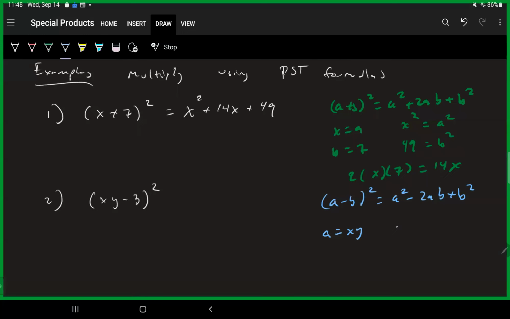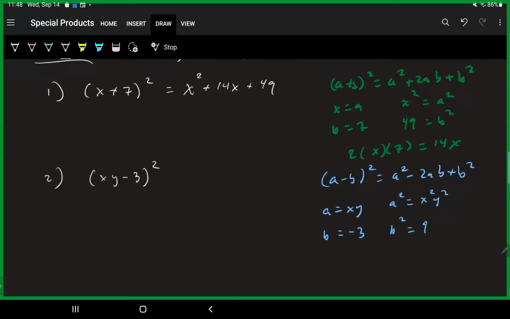And when I square xy, I get x squared y squared. b is negative 3. So b squared is negative 3 times negative 3, which is 9. And 2ab is 2 times xy times negative 3. And that's going to be negative 6xy.